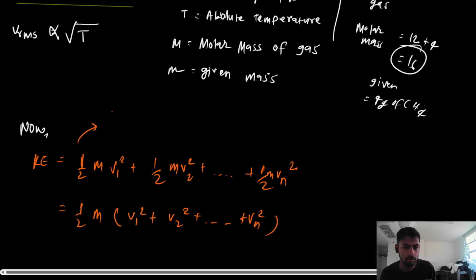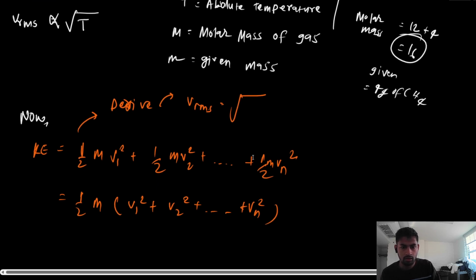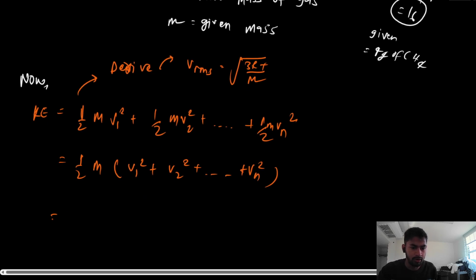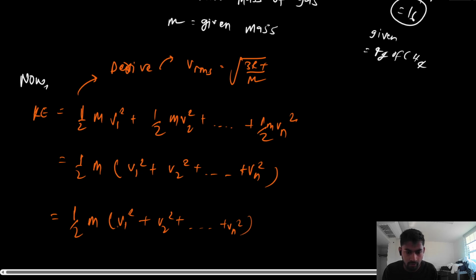What we're trying to do over here is derive the equation V_RMS equals the square root of 3RT by M, which would be (v1 squared plus v2 squared plus ... plus vn squared) by n, times n.